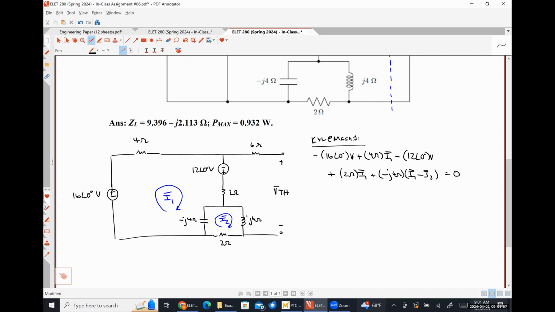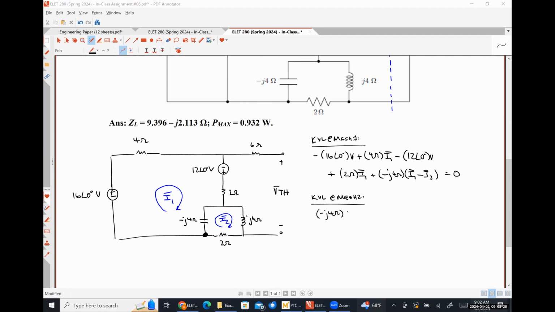All right. So now let's look at KVL at mesh 2. Somebody help me out with this one, please. I like to start at the bottom left-hand corner and then just follow my mesh current around its clockwise path. So what's the first thing that we're going to see if we start at the bottom left-hand corner? Negative J4 ohms, absolutely right. What's the total current flowing through it when we're following I2 around?